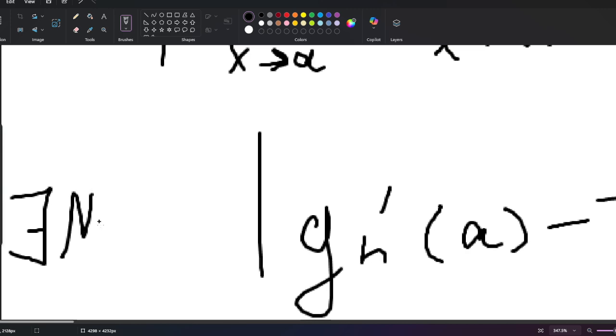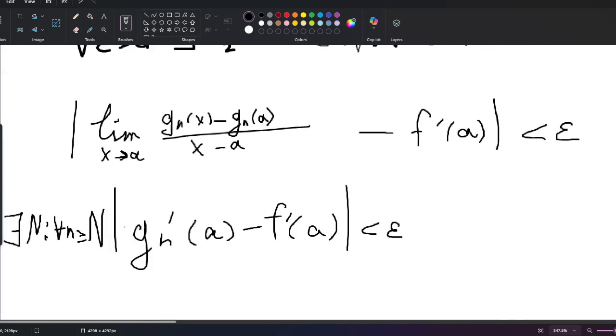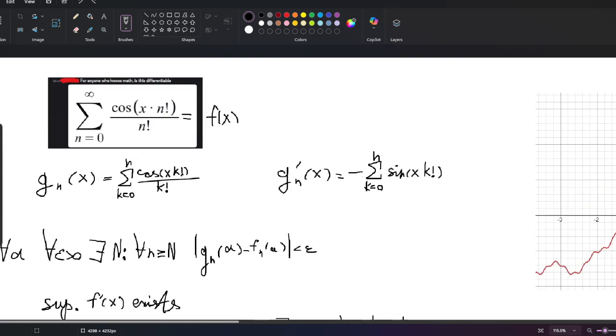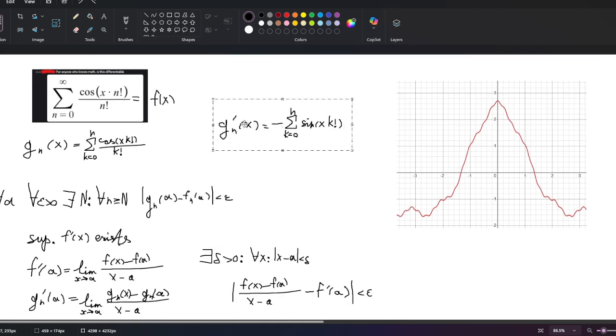So there exists capital N such that for every n greater than capital N. Now we're to look at the derivative of g n, just g n.